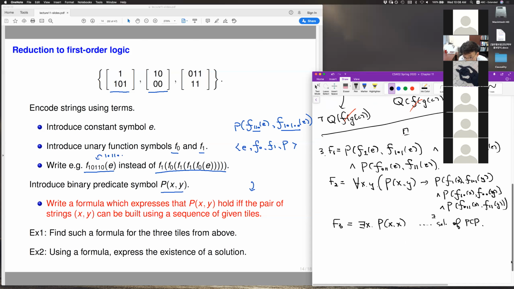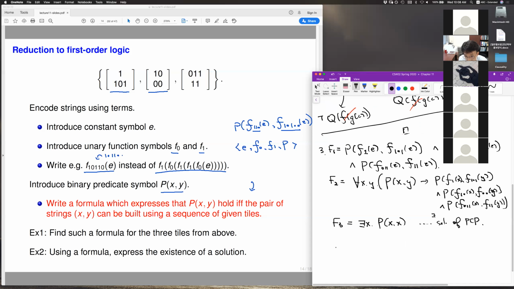So if you put all of these together, what we are looking for is this: if P correctly encodes our intention, then we want to check whether there is a solution F3 or not. So the problem that we are really interested in, the proper encoding, is that F1 conjoined with F2 implies F3.